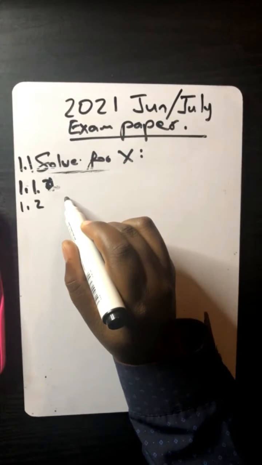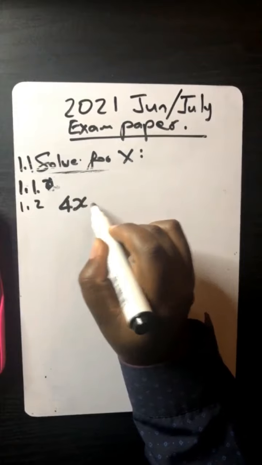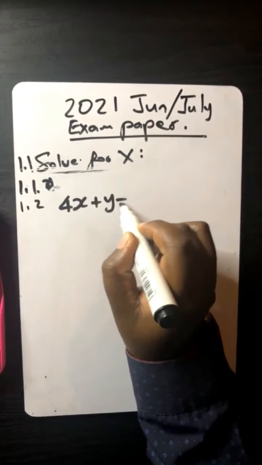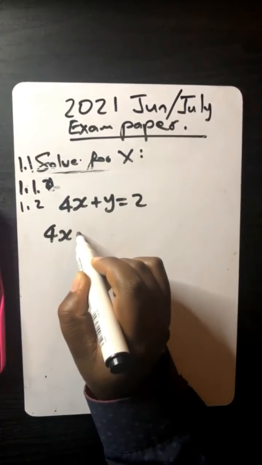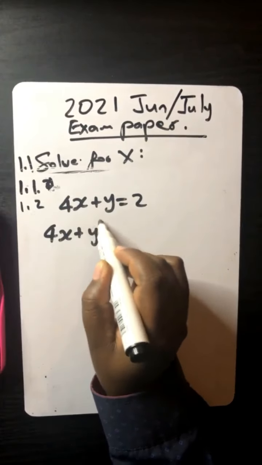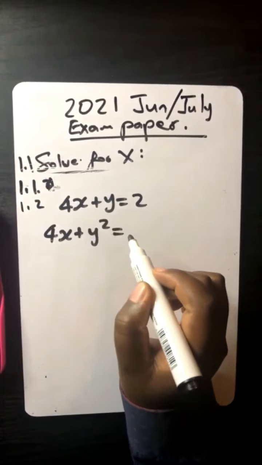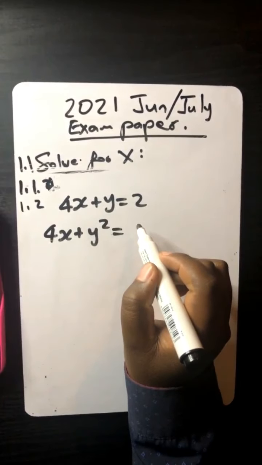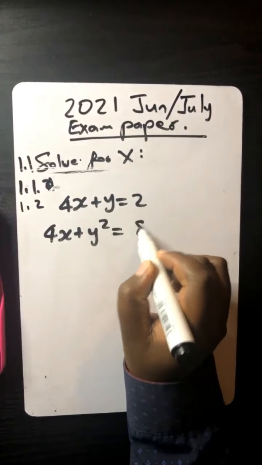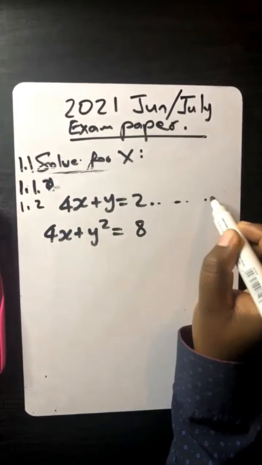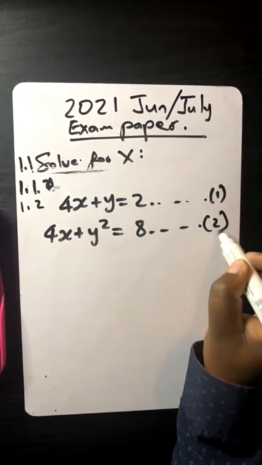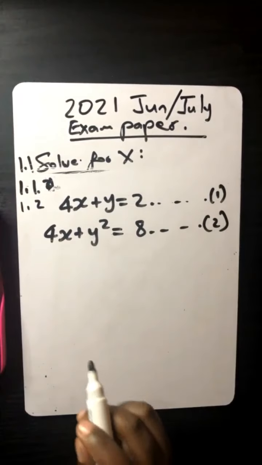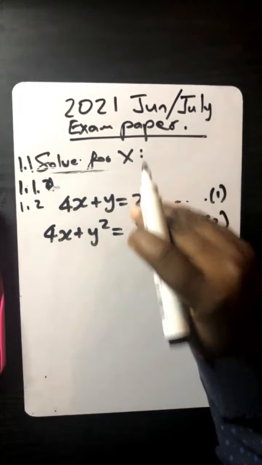So now let's have a look at 4.2, where we've got that being equated to 2. Then we've got 4x plus a y squared being equated to what, guys? This is equated to 8. So you can consider that as equation number 1, and that as equation number 2. Again, I won't go deep with that one.